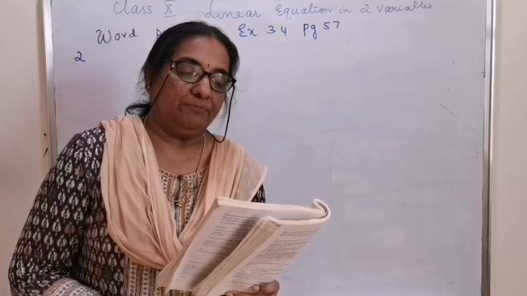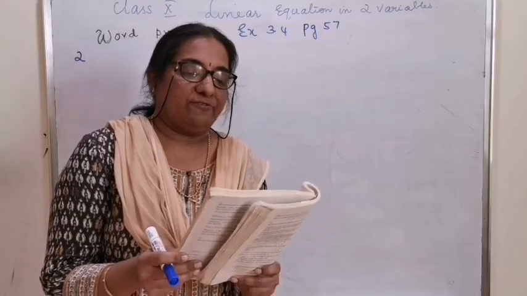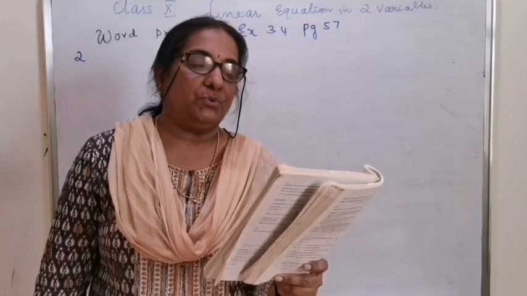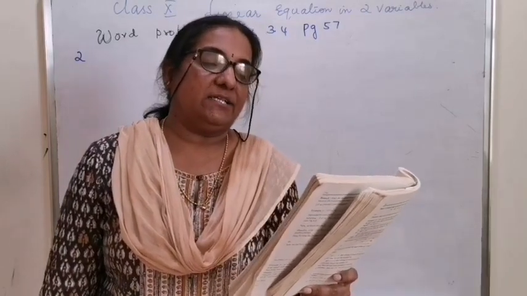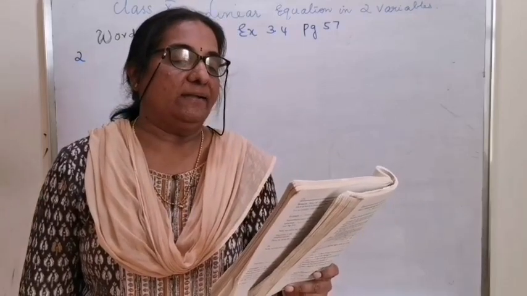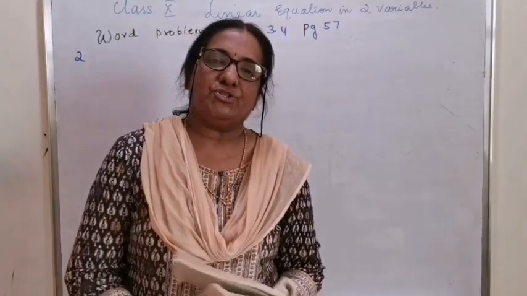Another age problem, a similar one only. 5 years ago, Nuri was thrice as old as Sonu. 10 years later, Nuri will be twice as old as Sonu. How old are Nuri and Sonu?